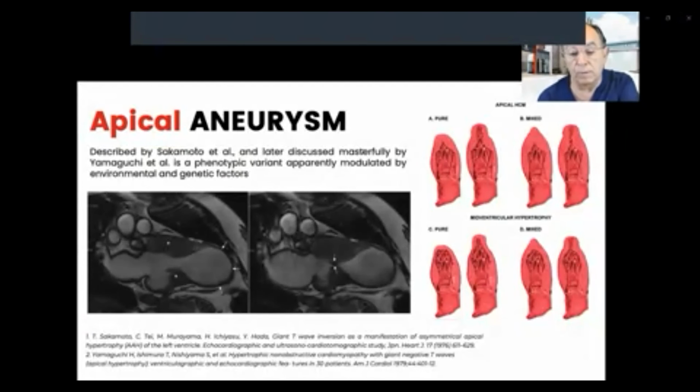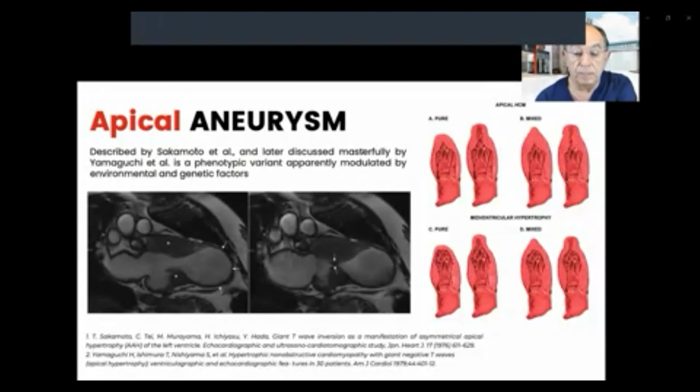Another problem that we can find in patients with hypertrophic myocardiopathy, principally in patients with hypertrophy in the midventricular segment of the left ventricle, or in patients with apical pattern, like Yamaguchi disease, is the possibility to develop apical aneurysm.